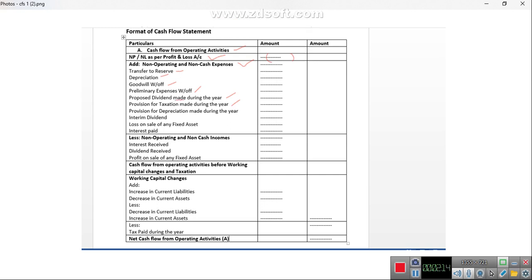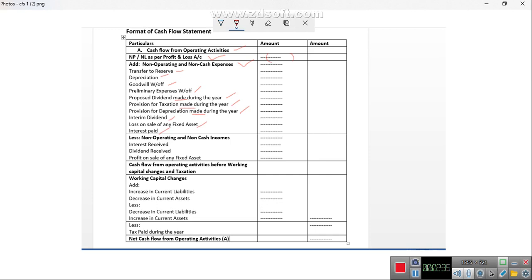Please note, I am talking about provision or proposed dividend made during the year. Provision for depreciation made during the year will be added. Interim dividend paid during the year. Then loss on sale of any fixed asset, interest paid.